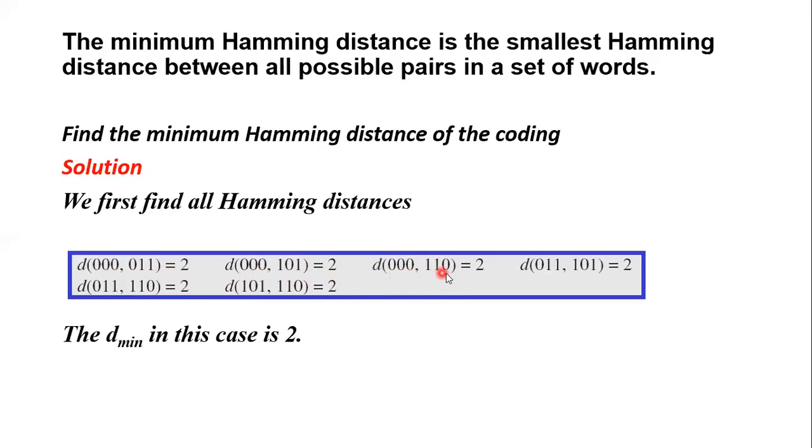Similarly, for this the Hamming distance is 2, and for this the Hamming distance is 2. For this value, the Hamming distance is 2. For this value, the Hamming distance is 2. So all are 2. Hence, the minimum distance is 2.